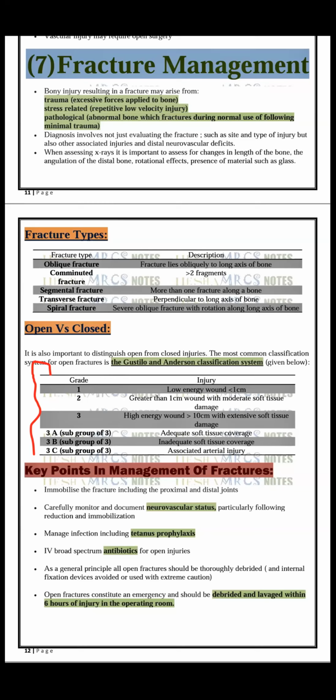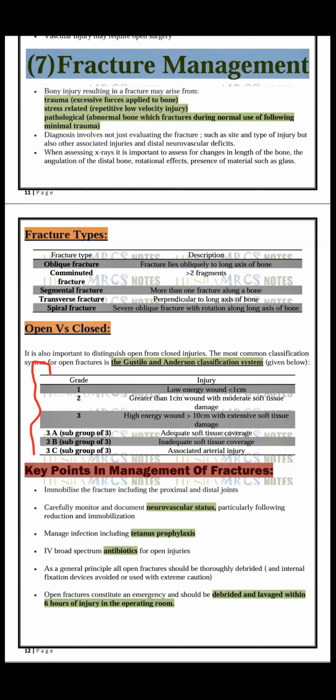How will you manage a fracture? When you see a patient who is coming with pain and swelling related to the site of the fracture, this may be isolated trauma or a part of generalized trauma, so I will manage my patient according to ATLS protocol. I will give the patient severe potent analgesia.